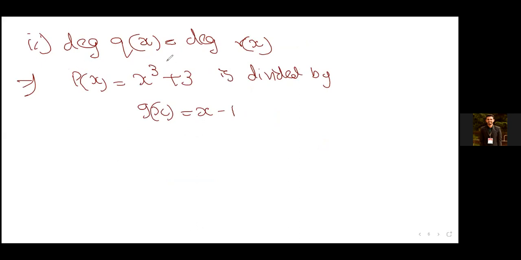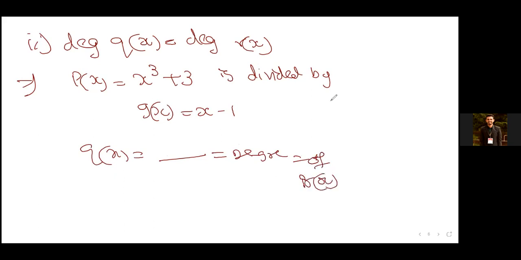Check whether the degree of the quotient q of x, which you will obtain, is equal to the degree of the remainder r of x.